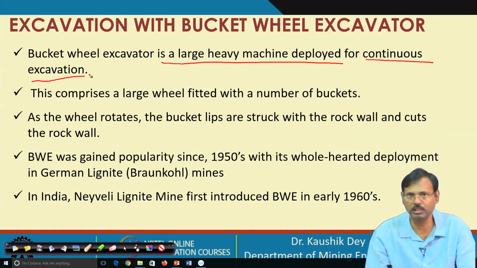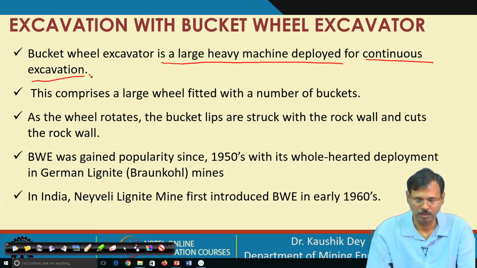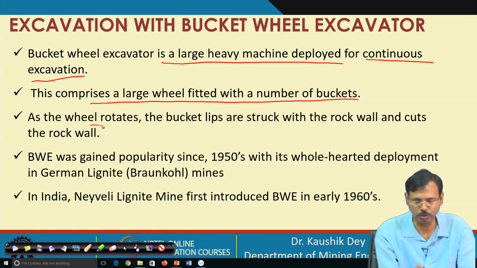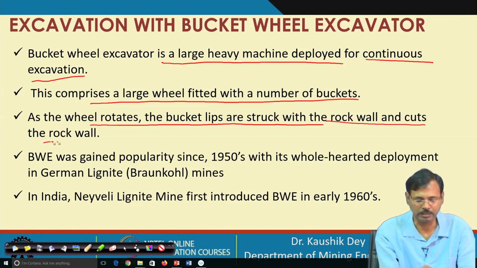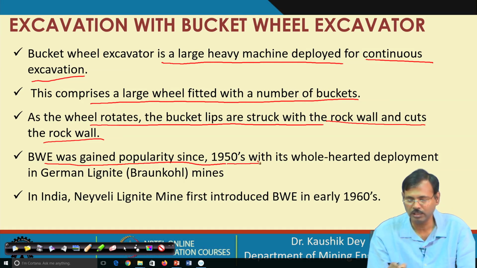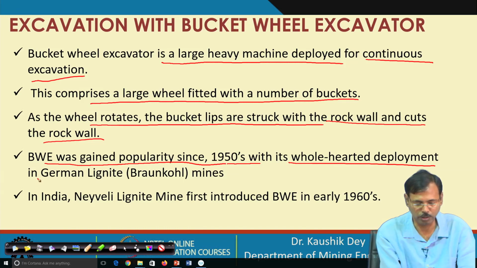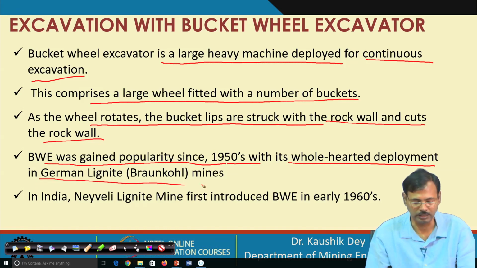As the wheel continuously rotates, buckets continuously strike the wall face and dig the wall. It comprises a large wheel fitted with a number of buckets. As the wheel rotates, bucket lips strike the rock wall and cut it. Bucket wheel excavators gained popularity from the 1950s onward, and wholehearted deployment occurred in the brown coal or lignite mines in Germany.